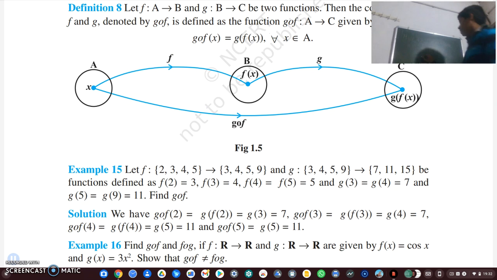So y is x squared plus 1. Now we can write x squared equals y minus 1, then x equals root of y minus 1. Then we say that we are writing x in terms of y.